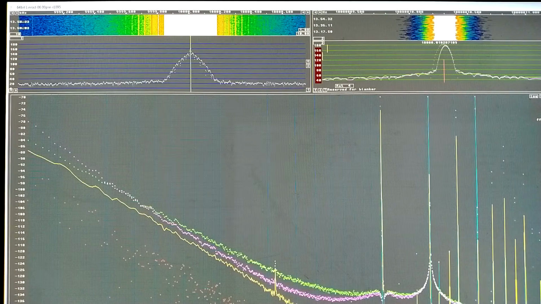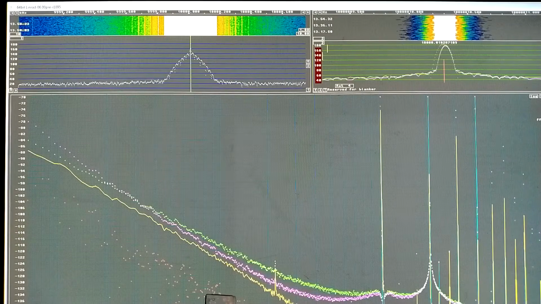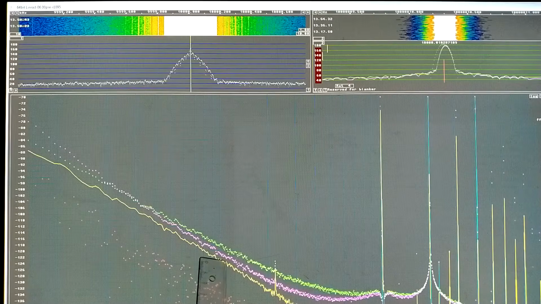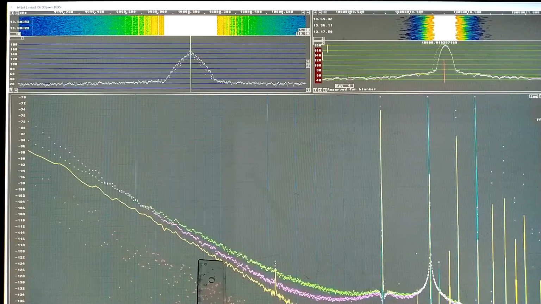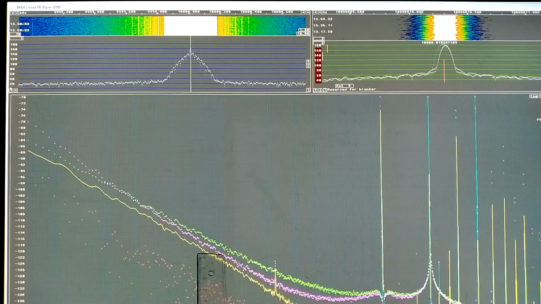So that seems to fit reasonably well. And it means that the oscillator is about 3 decibels better than the Wenzel. And my channel 2 oscillator is significantly better than the Wenzel oscillator.